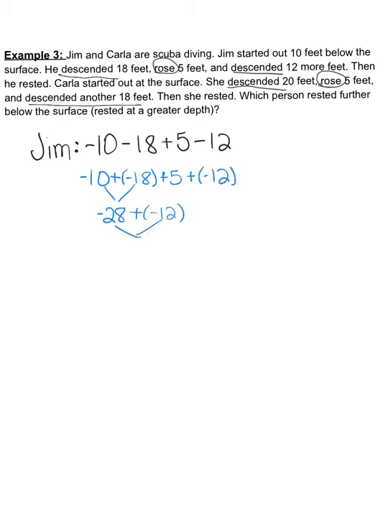So negative 28 plus negative 12 is negative 40. And then I'm going to add my positive 5. So my simplified expression now is negative 40 plus 5, which is equal to negative 35. So Jim rested at a depth of 35 feet below the surface.